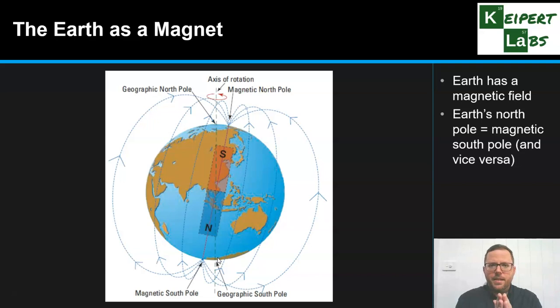There is a distance between these two things based on exactly what's happening inside the Earth and how it's generating this magnetic field, and that distance is changing ever so slightly over time as the magnetic field of the Earth gradually shifts. Okay, but so the Earth acts as a giant magnet, generates a magnetic field that we can visualize, and helps us to understand a lot of the behavior of how magnets work in other circumstances.